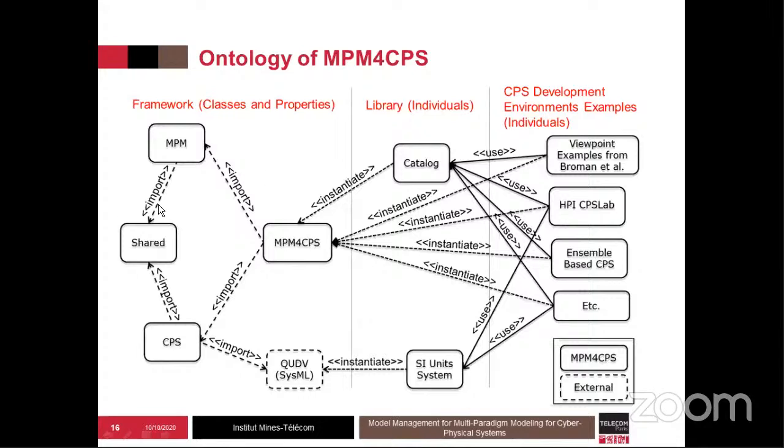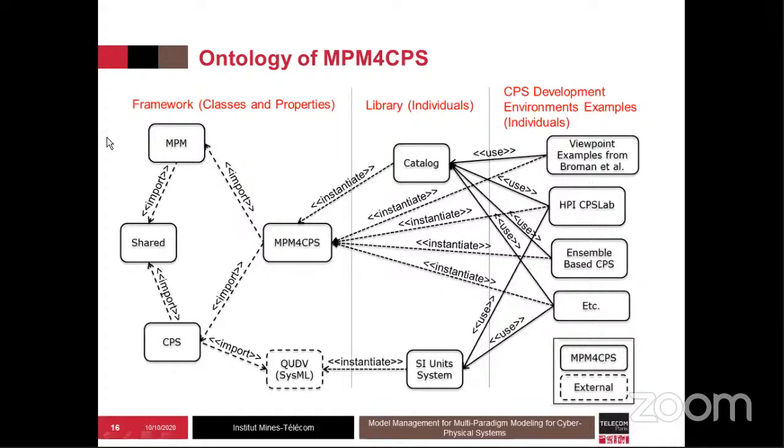Out of this ontology, we could create individuals conforming to the types of these classes and properties, with which we created this catalog of modeling languages and tools for cyber-physical systems development. We could also generate all these deliverables from this ontology.